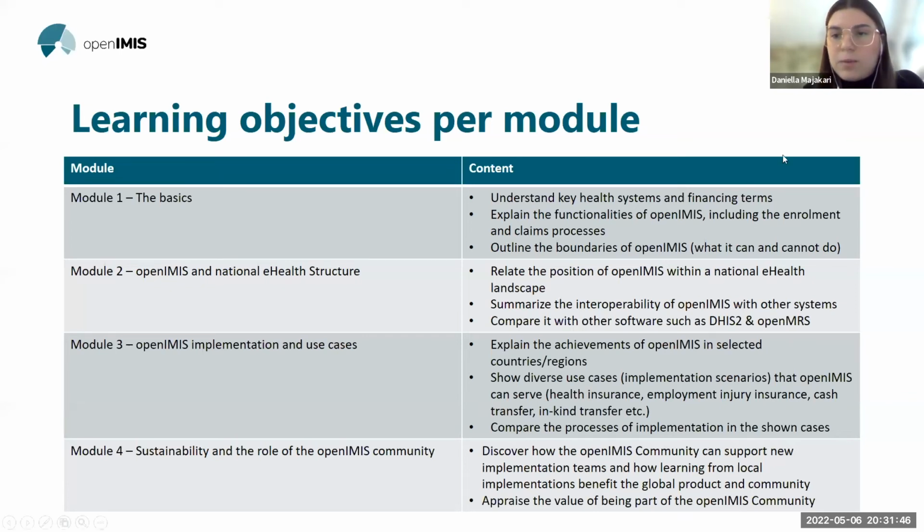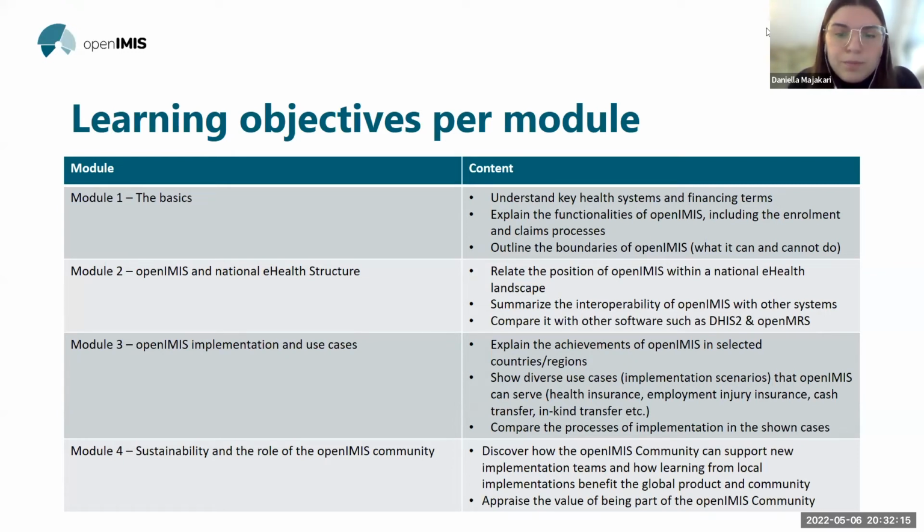So these are the learning objectives per module, so they're more specific than the 2 others that I just presented. For module 1, it was to understand key health systems and health financing terms, explain the functionalities of openIMIS, specifically focusing on enrollment and claims processes, and then outlining the boundaries of openIMIS, so what it can and cannot do.